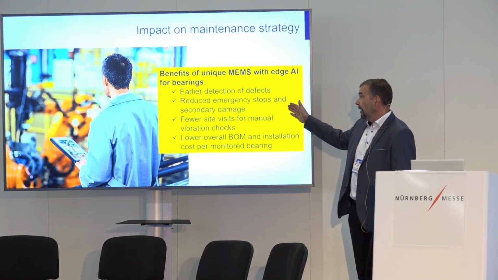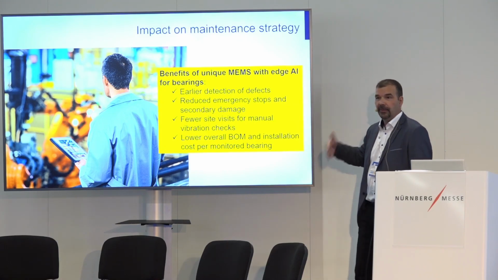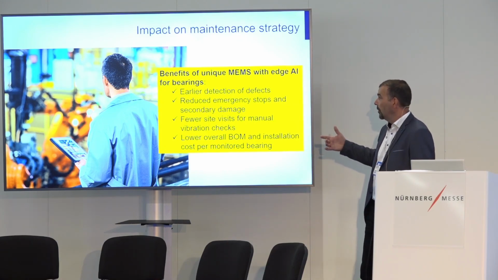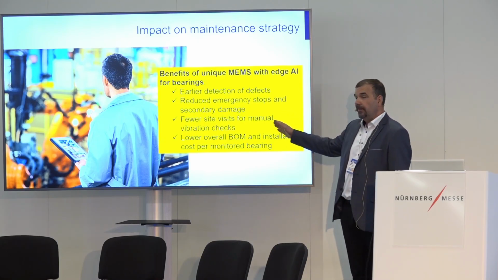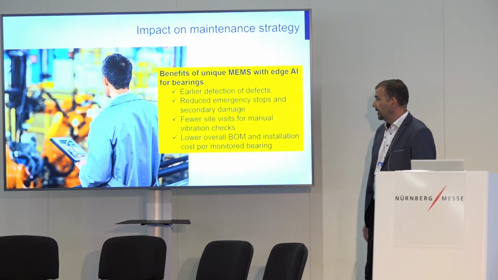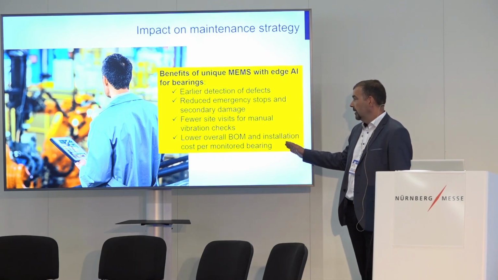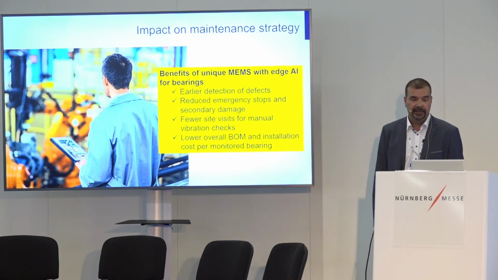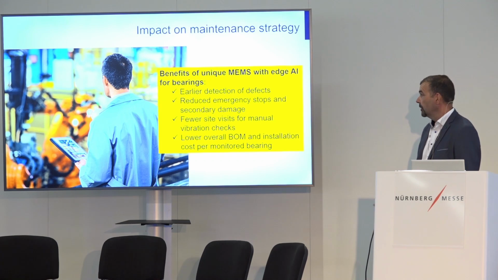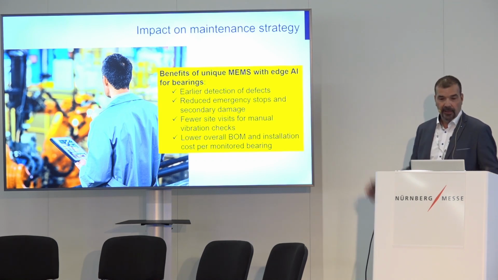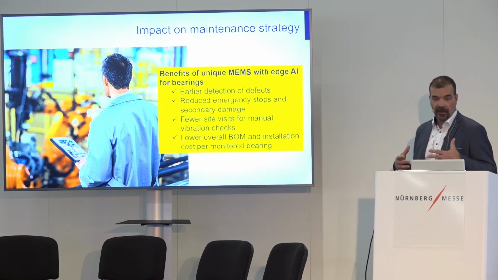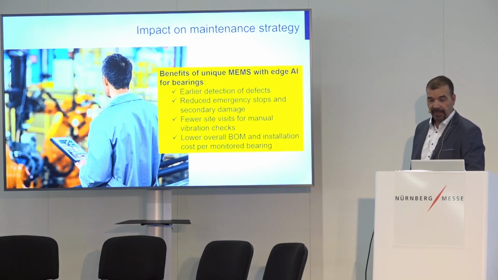We are offering you reduced emergency stops, because we see the signatures of the potential failure much earlier. Less people need to come on the site. And of course, with the integrated circuit, the digital MEMS and the processing inside the sensor, you need less electronics on your PCB. So this is the end of my presentation.